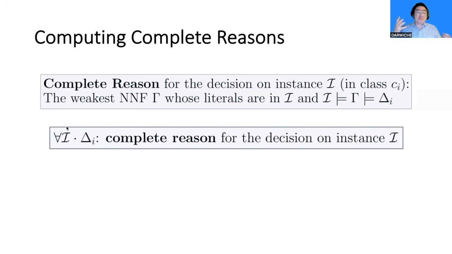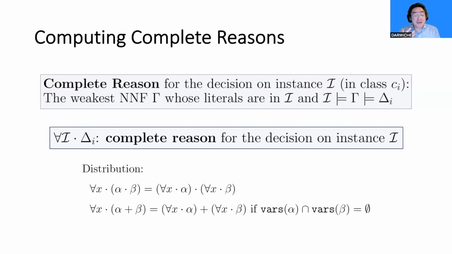Now, that's not the end of the good news. It turns out that this operator is very well behaved, and it distributes. It distributes over conjunctions, and it distributes over disjunctions when the disjuncts do not share variables. Remember the earlier discussion on tractable circuits?